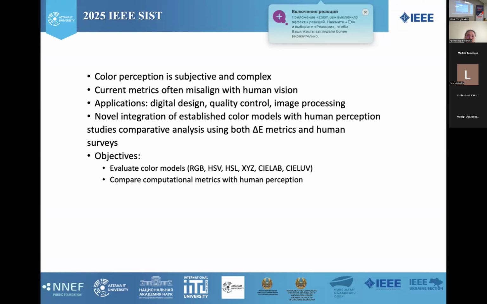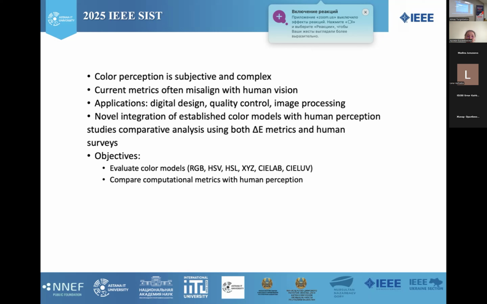However, translating human color perception into computational models is incredibly challenging. For example, in digital design, two colors might look identical to one person, but noticeably different to another. Similarly in quality control for manufacturing, even slight color mismatches can lead to rejected products.